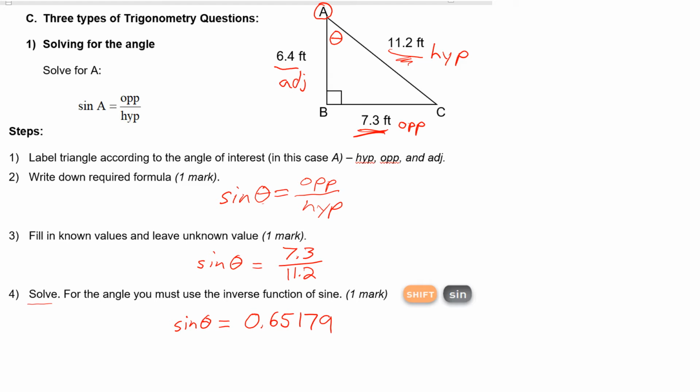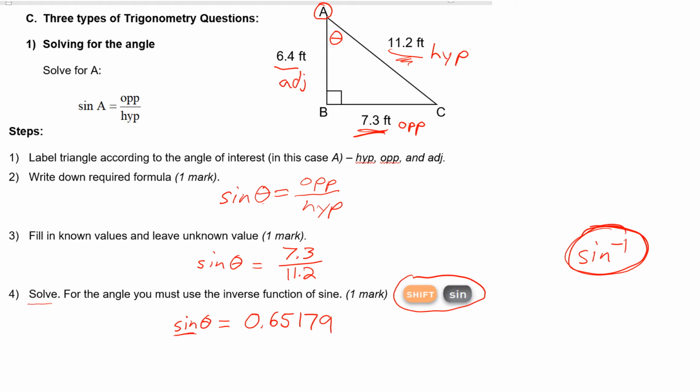So remember, we have to use shift sine, or in other words, the button sine -1. Some people might have to say shift sine or second function sine to access sine -1, in other words, the inverse function of sine. What's going to happen is we have sine -1 and just regular sine right here.